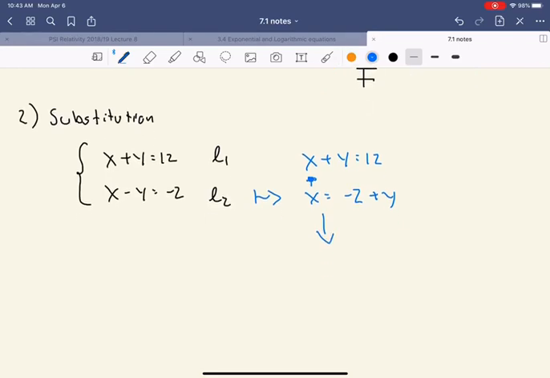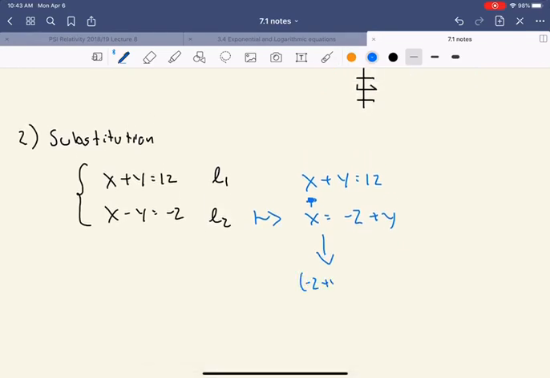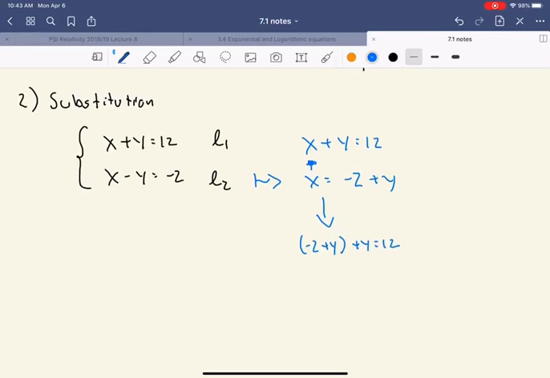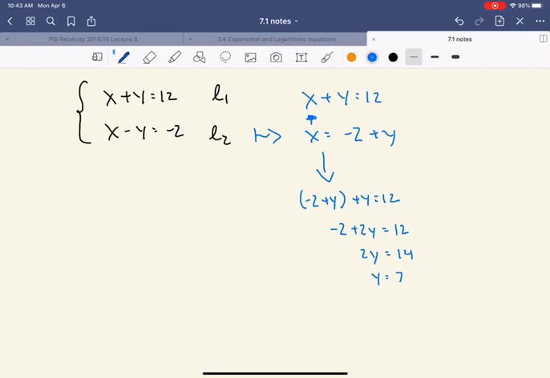Negative 2 plus y plus y equals 12. Negative 2 plus 2y equals 12. 2y then equals 14. y equals 7. Now, since x equals negative 2 plus y, x equals negative 2 plus 7, which is 5. So we get our point 5 comma 7.